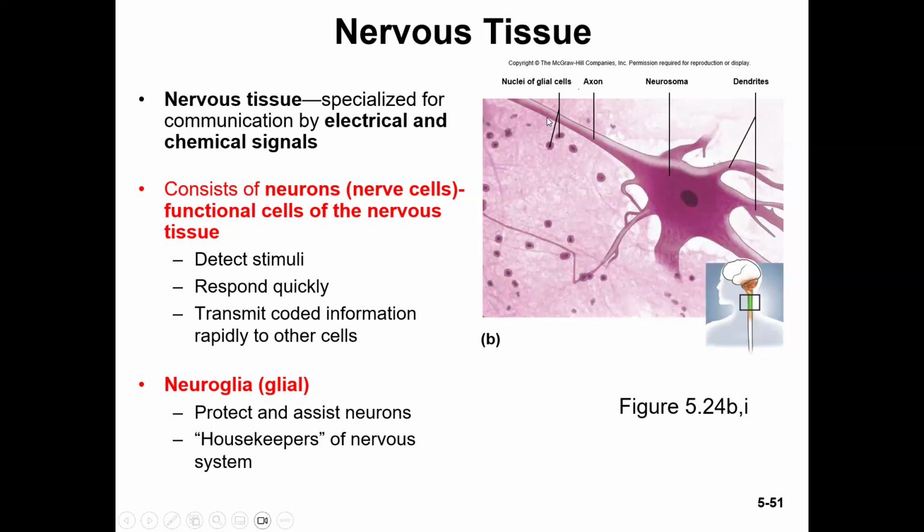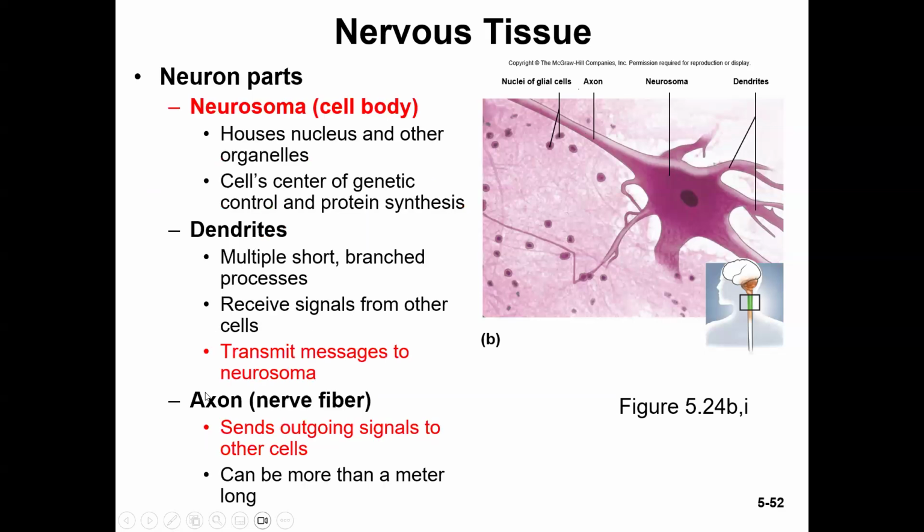So as part of the pathway, it needs to have an axon that connects it to other neurons. It has dendrites that allow it to receive information from previous neurons that are part of the pathway. So you have multiple dendrites and only one main axon. Their main job with the neurons is to detect some kind of stimuli, respond quickly, and then transmit that information to other cells. Again, we talked about what the soma is over here, so just review it.